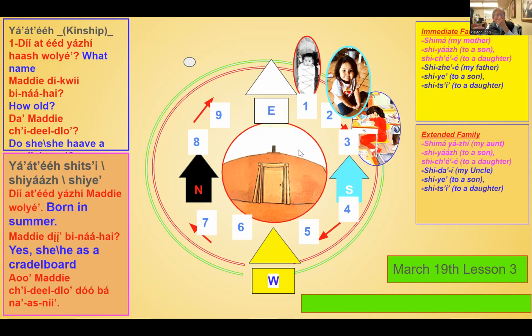Tell me some things you would ask for, or a question that we could put here. And we'll come up with 1, 2, 3. And let's call her Maddie. Maddie's grown up now.